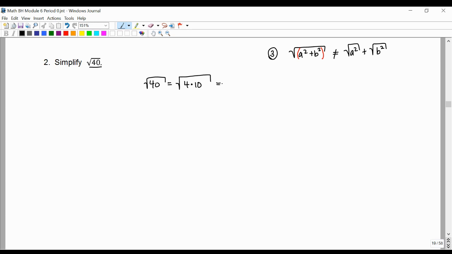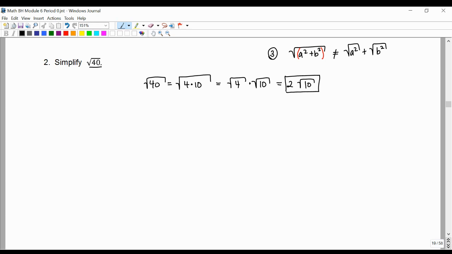And then we can square root each part using the property above. The square root of 4 is 2. And the square root of 10 does not have any perfect squares in it other than 1. And so that is our simplified answer. That's what we're looking for.